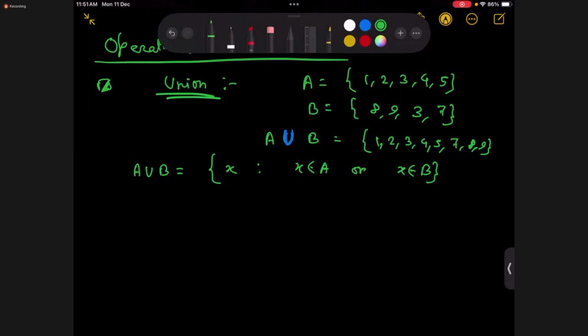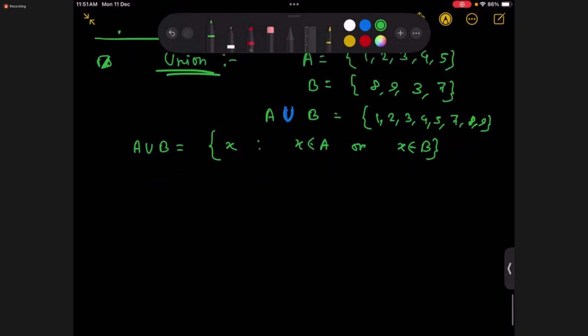Now one can think, if A equals 2, 4 and B equals 4, 6, 2, 9, then what will be the case? Here we can say that A is a subset of B, but it doesn't matter which is a subset of which.